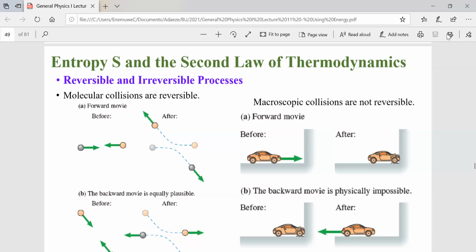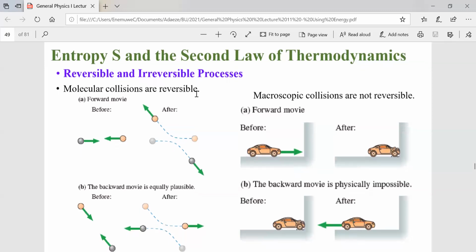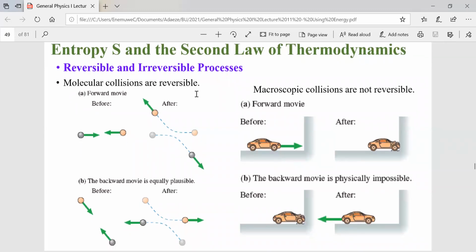An example of reversible process that I want to look at in this discourse is that of the molecular collision. So we see the molecules, the atoms there.